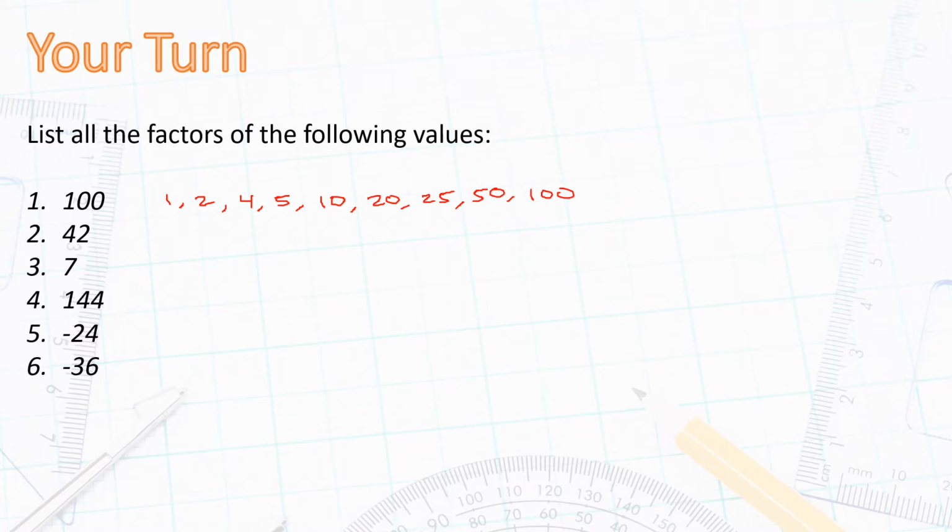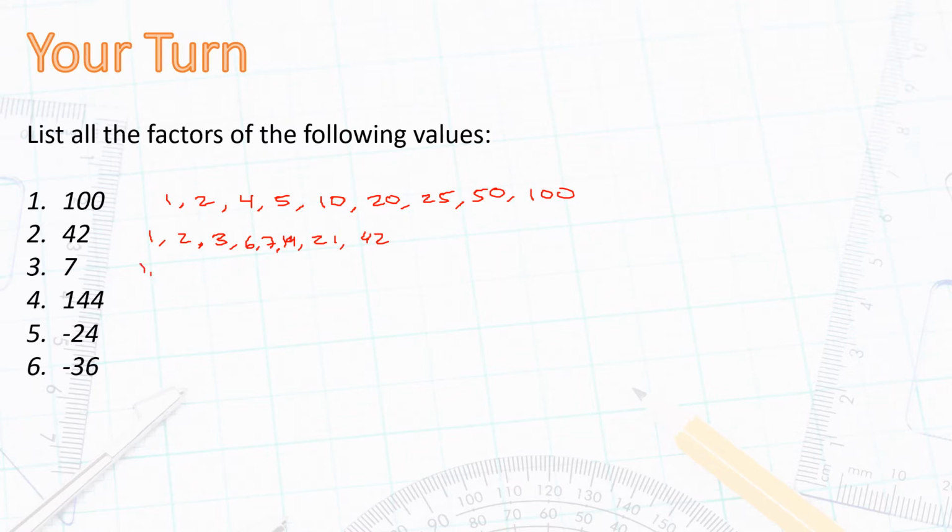For 42, we got 1 and 42, 2 and 21, 3 and 14, and 6 and 7. All right, so the factors are 1, 2, 3, 6, 7, 14, 21, 42.